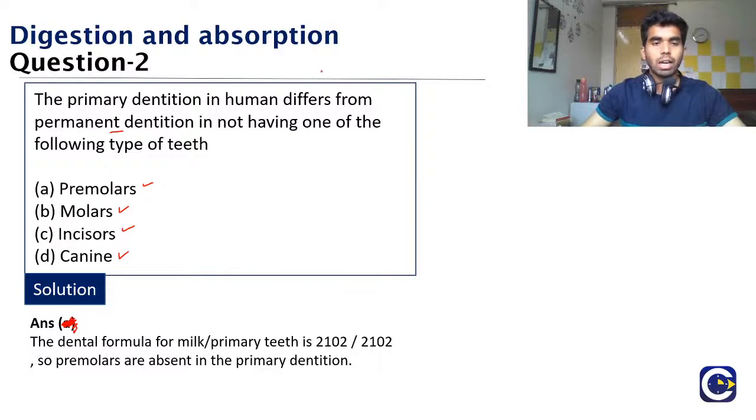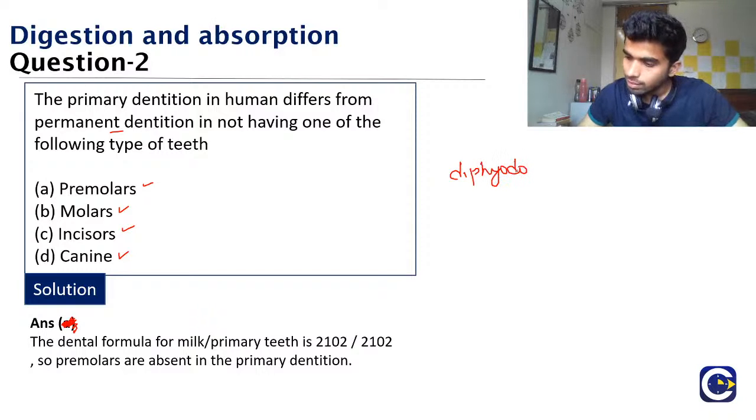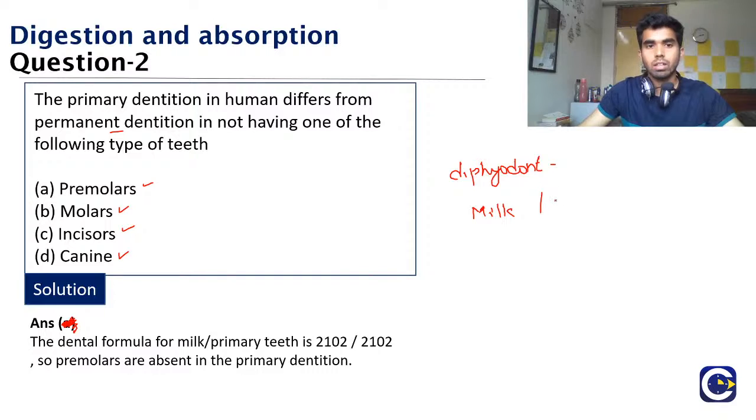So we have to know that the humans are diphyodont. Yes, Akshay, very well said. Yes, Srividya, absolutely correct. And Jivita is the first to answer. Yes, humans are diphyodont. It means that we have two types of teeth in our life. First one is the milk teeth or the primary teeth.